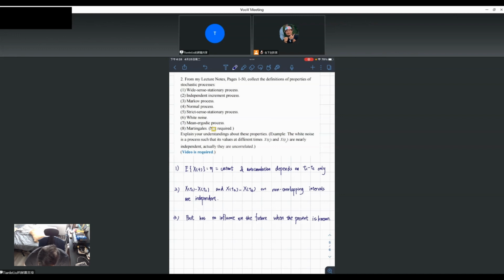For the next one, we will have the normal process. The normal process is quite obvious; we only need to remember one form.